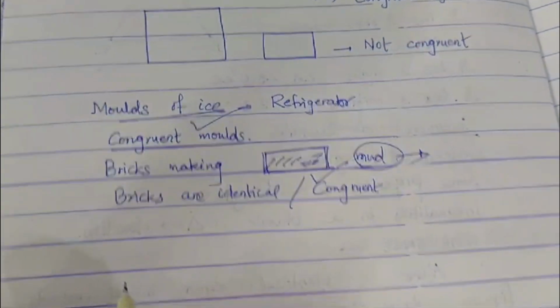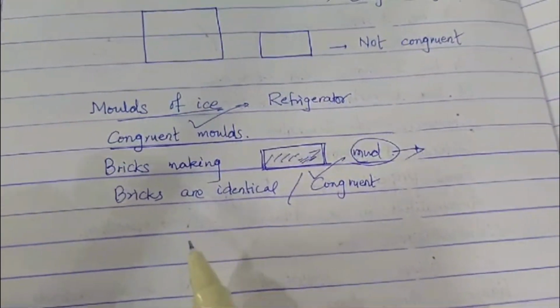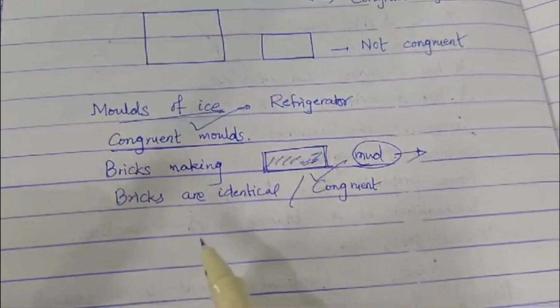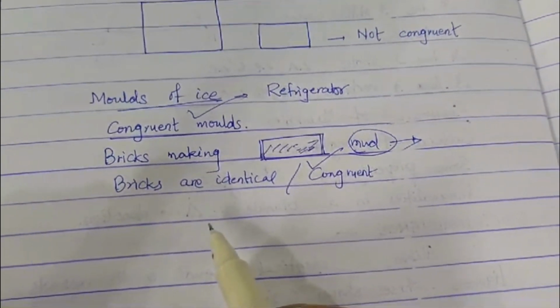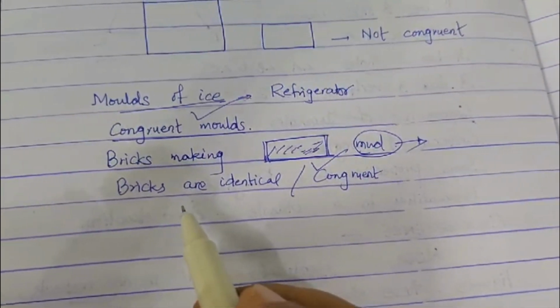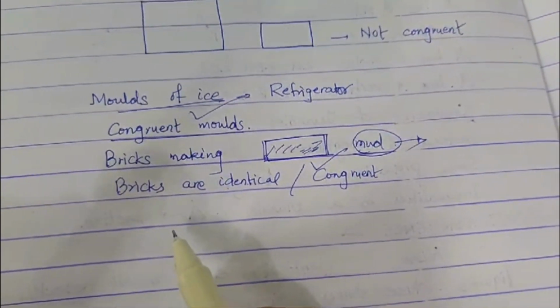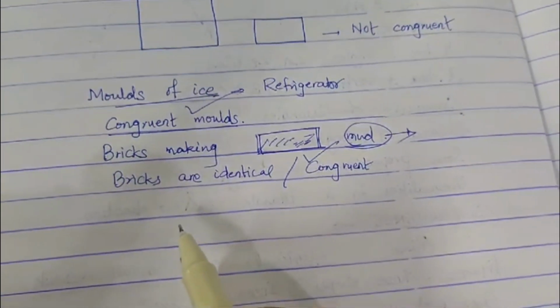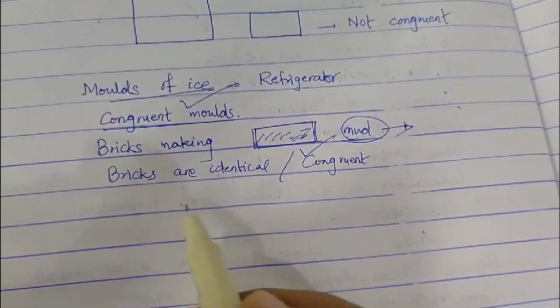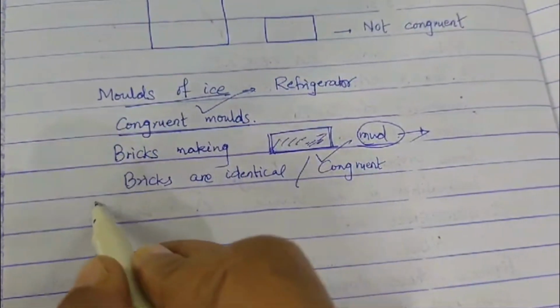So basically what I mean to say is that if you want to produce some identical materials, then you will have to know the concept of congruency. Whenever identical objects have to be produced, the concept of congruency comes into action.